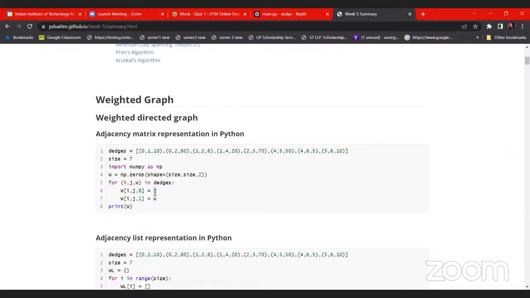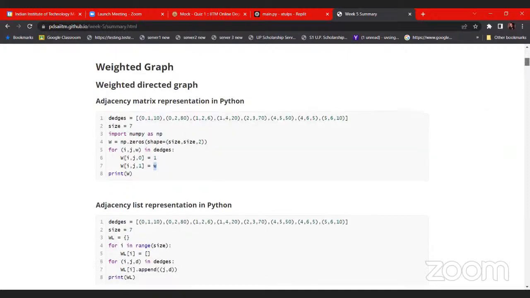If the edge exists, we store this 1, and if not, that value is by default created as 0 using numpy. So we are just storing the edge information here. The first value is 1, and the second value W represents the weight of that edge. So one adjacency matrix is created for this graph using numpy.